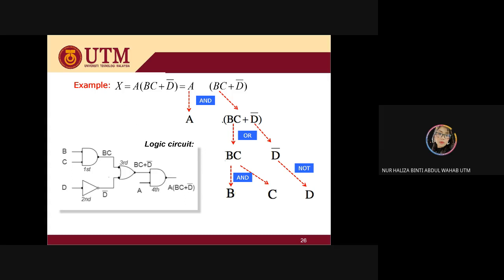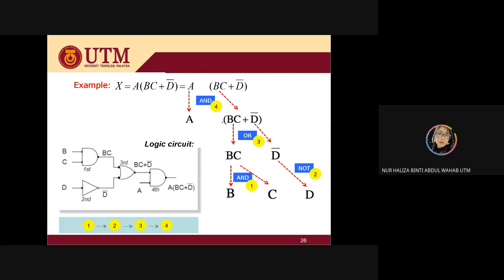See? Simple, right? So, I also already taught you. I already taught you from very basic things, from drawing a simple X equals A dot B, A plus B. From here also I already taught you. So, I hope that this more complicated one also you can try.